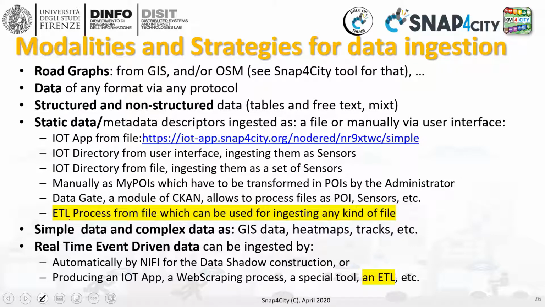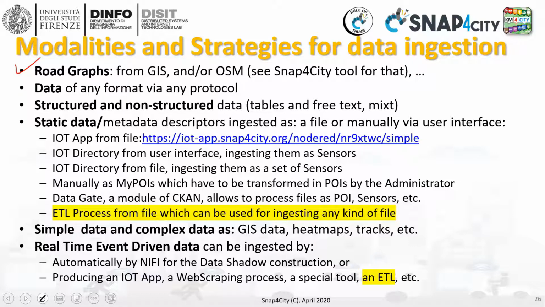As a second step, you can start ingesting data. Data can be in any format, in any protocol, as mentioned before. Can be structured and unstructured, that means to be table or JSON or text. Can be static data or real-time data.